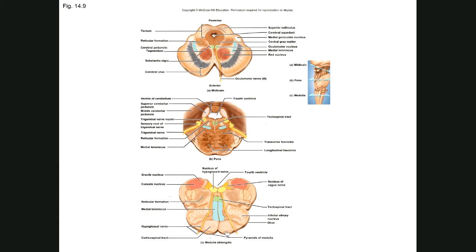And what you see that will mostly happen at the pyramids is that we will have there the crossing over of descending motor tracts. So most motor tracts, when they come down the brainstem, will cross over here at the pyramids of the medulla. Okay, so this is where descending motor fibers decussate.